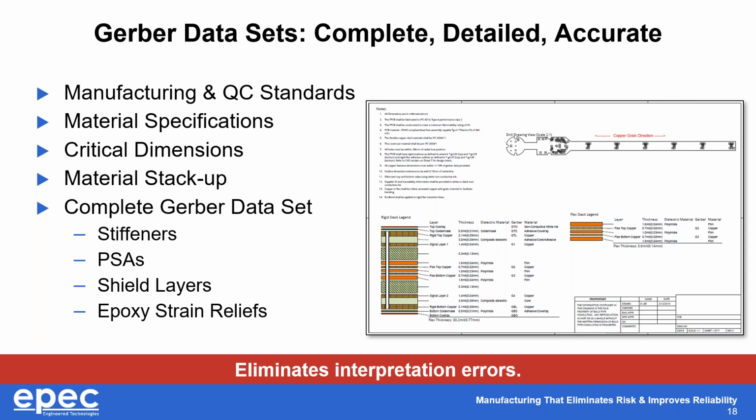Now, our customers typically don't have any issues generating the Gerber files for the circuit layers, but where they can run into some issues is how to present the information for required stiffeners, for PSA layers, shield layers, and epoxy strain reliefs, all elements that they don't typically encounter in rigid board designs. And that's a significant area where we work with our customers to identify those requirements and ensure that they are properly documented.